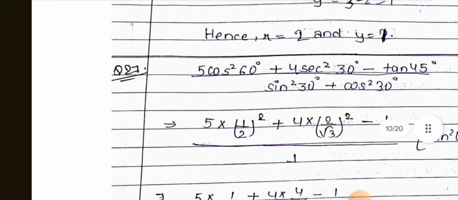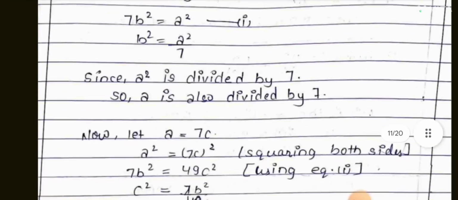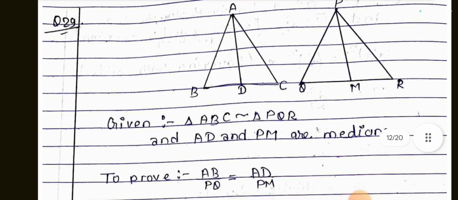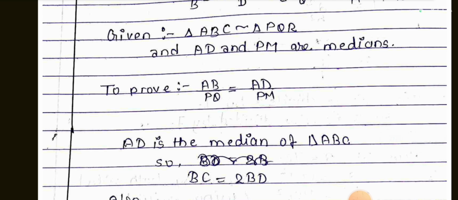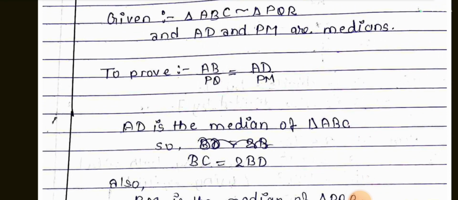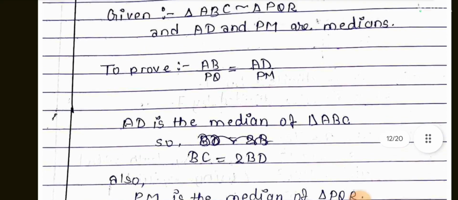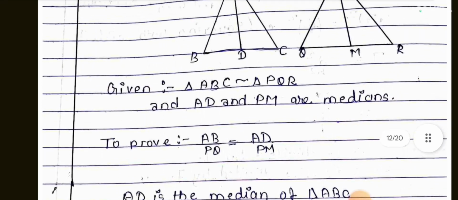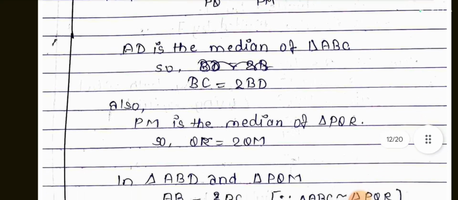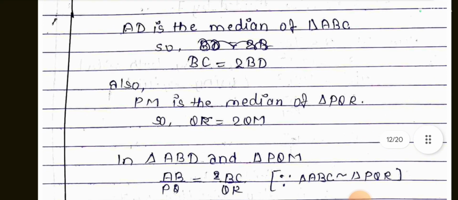In the figure ABC and PQR, AD and PM are medians. We need to prove AB by PQ equals AD by PM. If AD is the median, then BC equals 2BD, or we can say BD equals half of BC. Similarly, QR equals 2QM in triangle PQR.